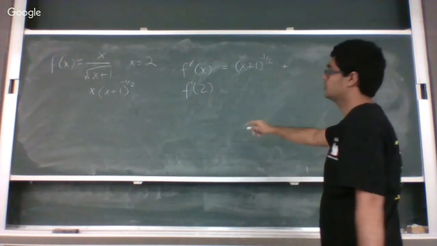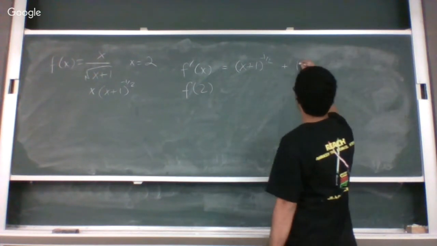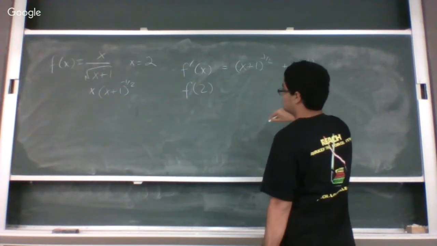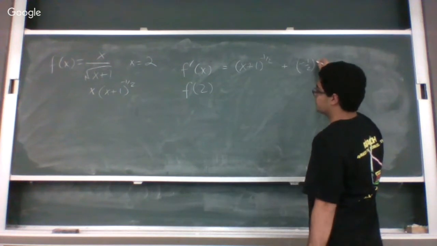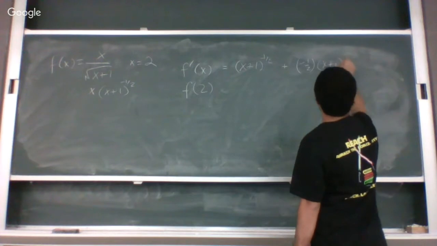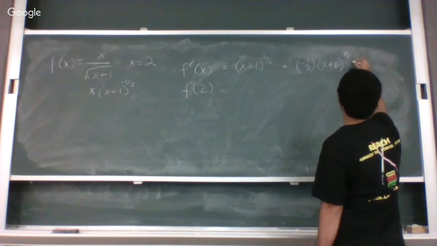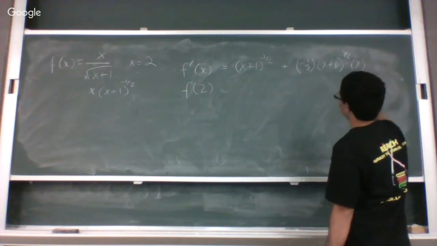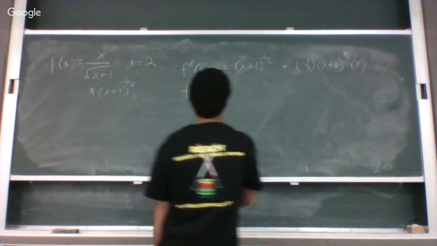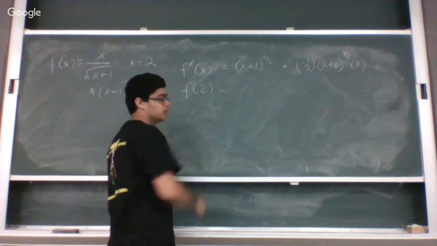What would it be? Negative 1/2. We bring that down. Oh, you're talking about the second part of the derivative. My bad. So then it's x plus 1 to the minus 3/2 times x. Yeah. And then you can simplify that, wherever x is 2.